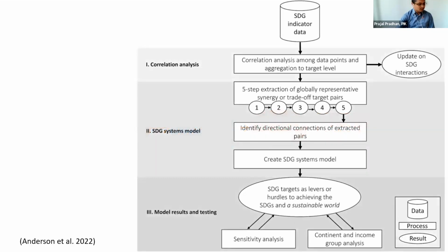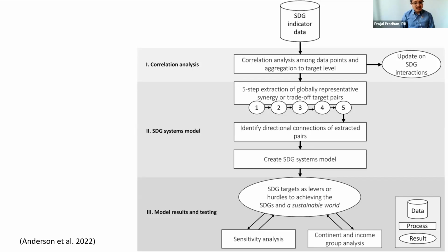Now, what is done here is that we started with SDG interaction studies, mainly quantitative studies and interaction studies using correlation. Yeah. So last week we discussed a bit about correlation analysis to understand SDG interactions. And what correlation analysis cannot tell is whether it's a causal relation or not.